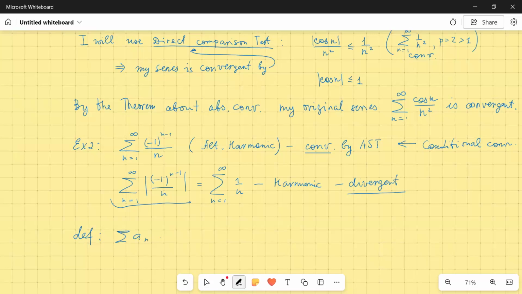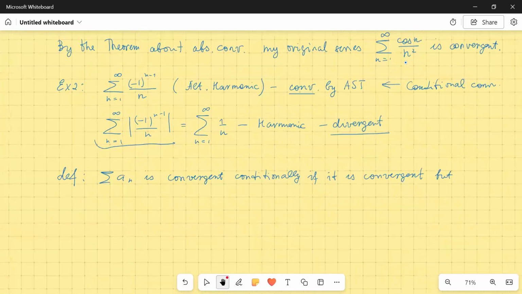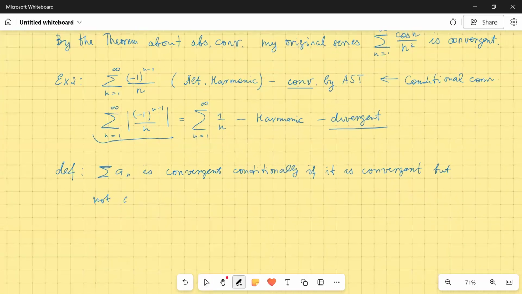Series a_n is convergent conditionally if it is convergent, but not absolutely.